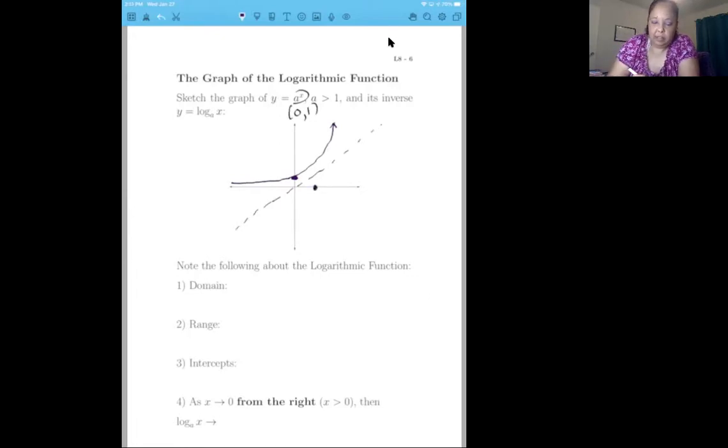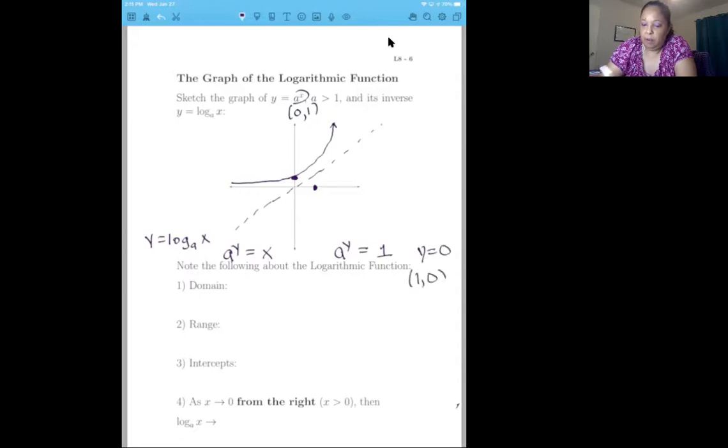Does this make sense? y equals log base a of x, so this means a to the y equals x. If I plug in 1 for x, a to the what always gives me 1? That's 0, right? So y equals 0, and that gives me the point 1, 0. If 0, 1 is always in my exponential, the inverse function is going to have the point 1, 0.